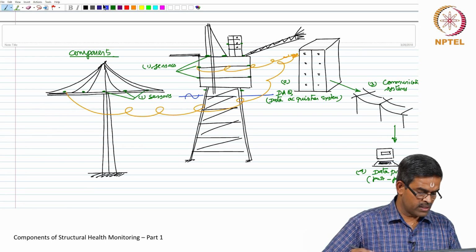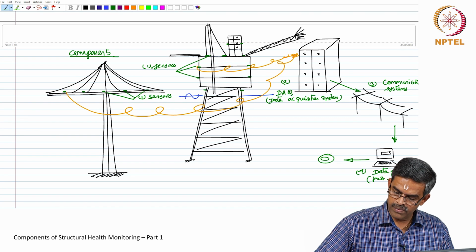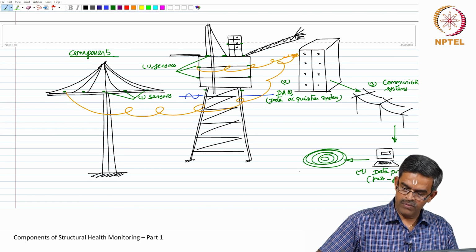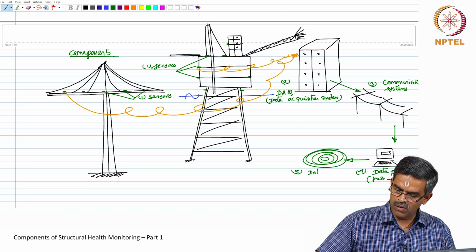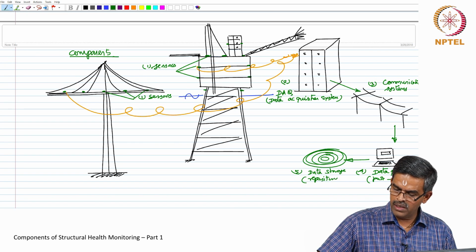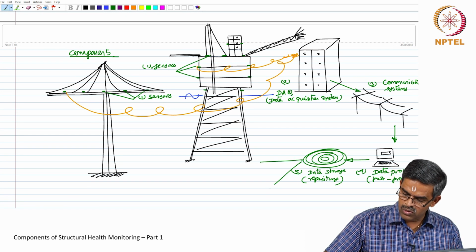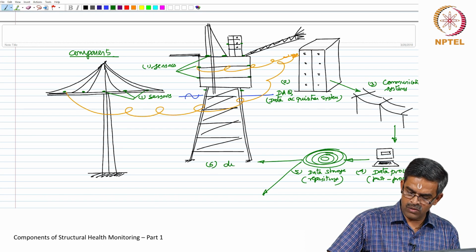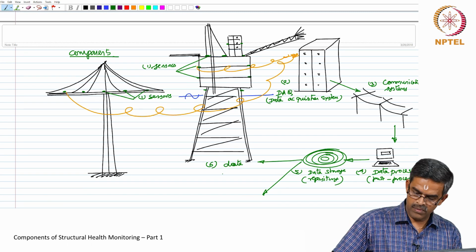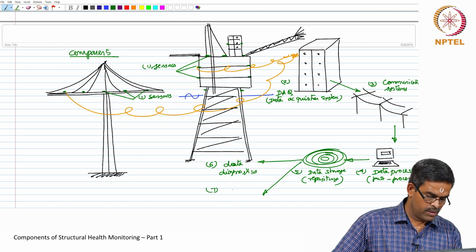Once the data is post processed, then the data need to be stored. So, that is the fifth stage, which we call as data storage, which is otherwise called data repository. From there, it will again go back to two different places. One will be the data diagnosis, and the other will be data retrieval.